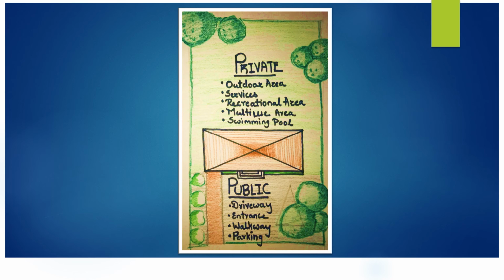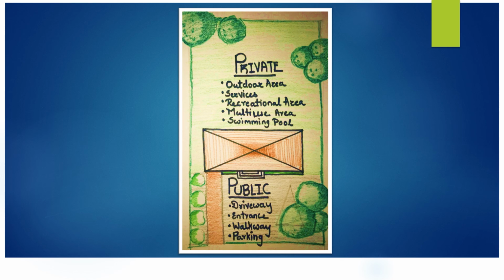When you start designing a landscape for the house or any particular area, you should consider these two factors, that is, public area and private area. First, divide your plot into these areas. According to the areas, your functions are going to be different, so your designing will be different.